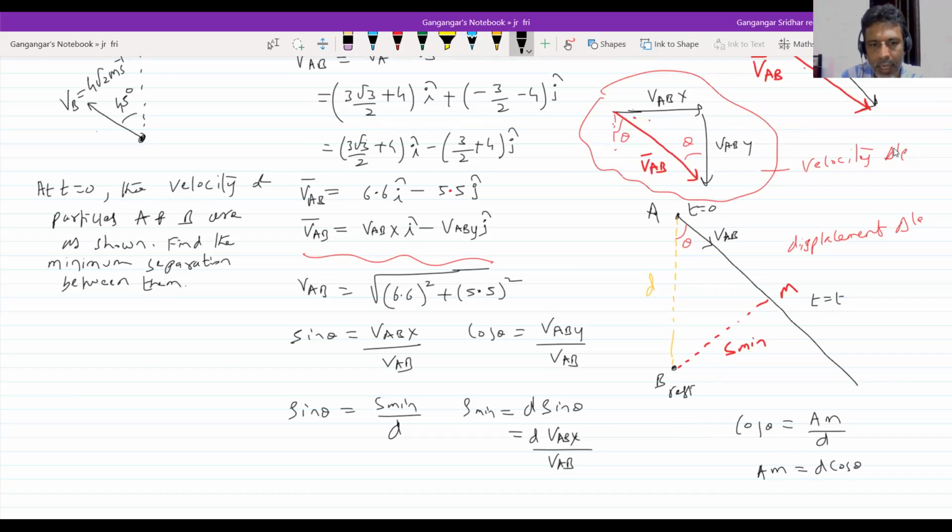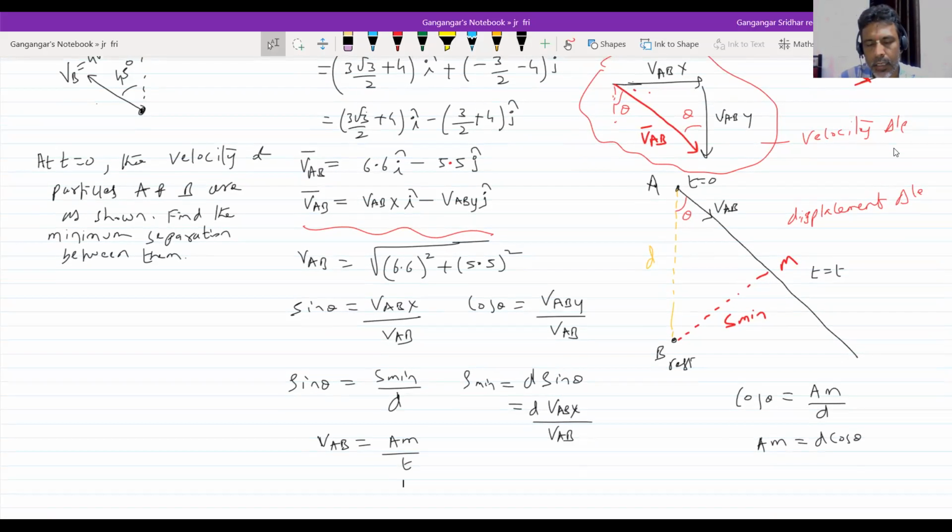Okay, let's come to the time calculation. VAB is equal to AM by T. Cos theta is VABy by VAB.